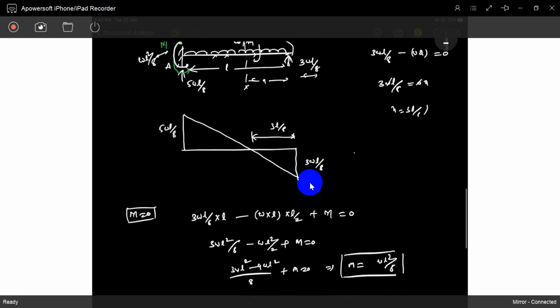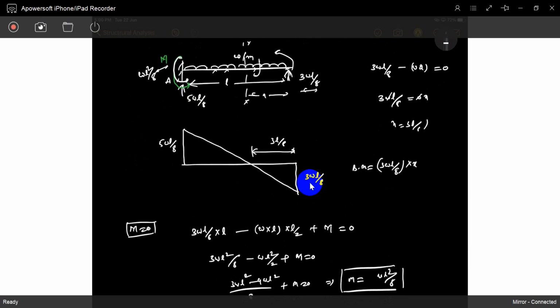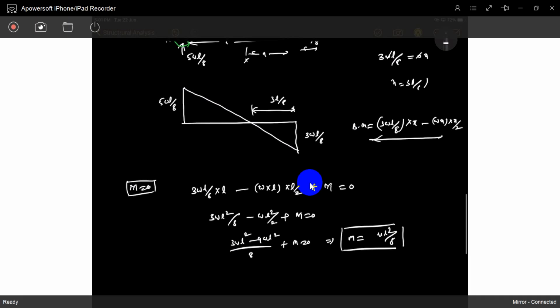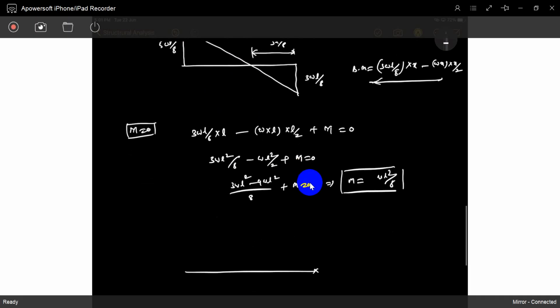Otherwise, I will write the bending moment equation as 3WL by 8 multiplied by x, minus W into x by 2, at every section. Take the bending moment equation and draw how it goes.